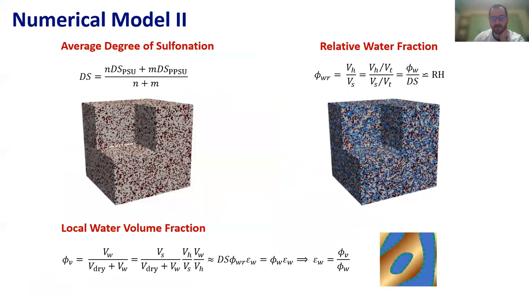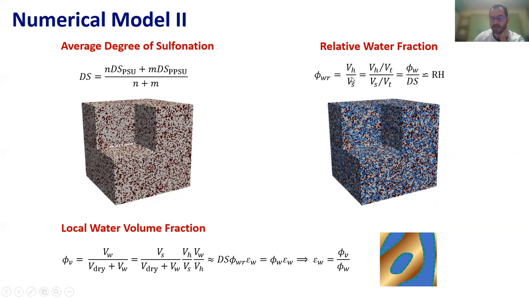Okay, so with these sites, we can define some average properties of the membranes. We have the average degree of sulfonation. This will be the contribution of the degree of sulfonation of the polysulfone block and the polyphenylsulfone block. And we also have the length of the blocks. We can define the relative water fraction.